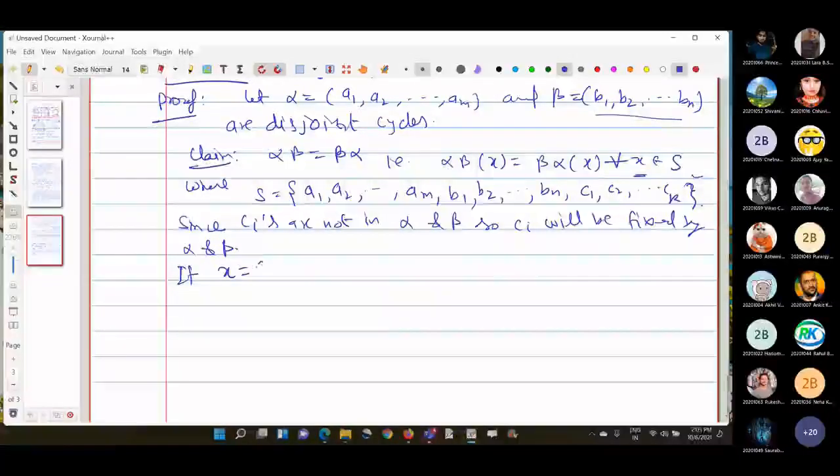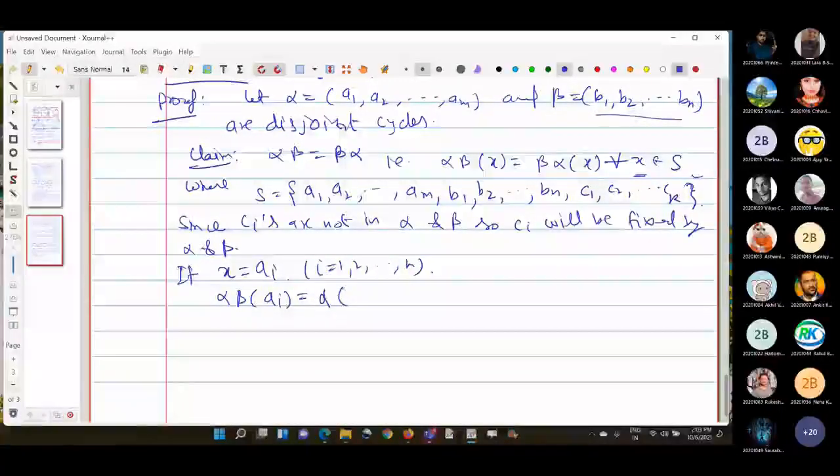If x equals ai, once we take ai, once bi, and then once we take c. I am taking just ai, which means a1, a2, you can take a1 up to am, any of them. So alpha times beta of ai equals alpha of, and where will beta send ai?